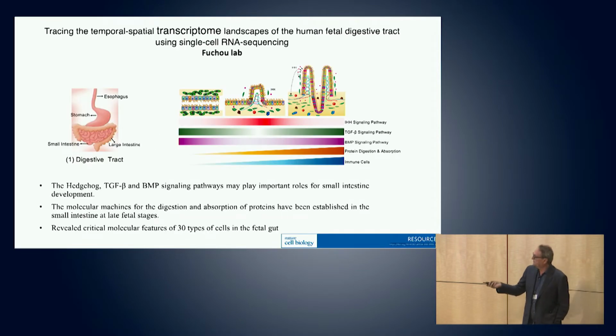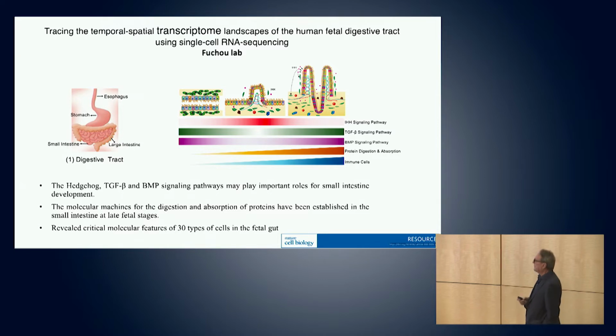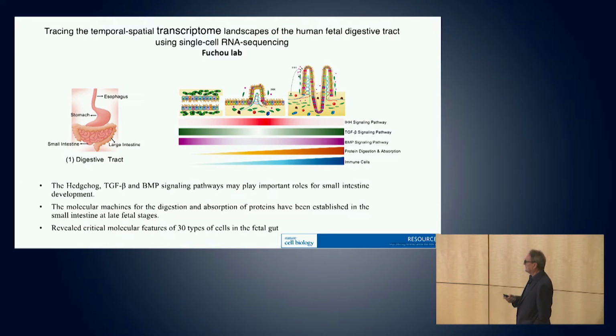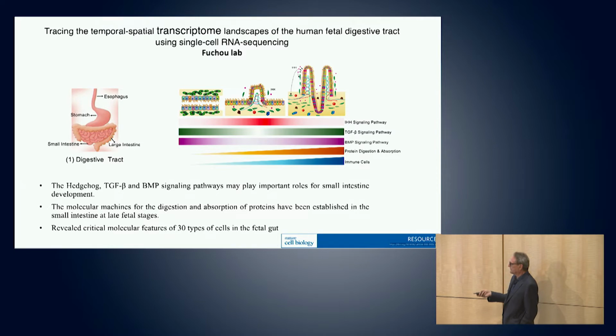Basically, I put some of the highlights down here that came out of that publication, which is in particular the involvement of signaling pathways in the small intestine development. They reported on the molecular mechanisms for digestion and absorption of proteins, again in the small intestine, and some critical features of the cells in the fetal gut.